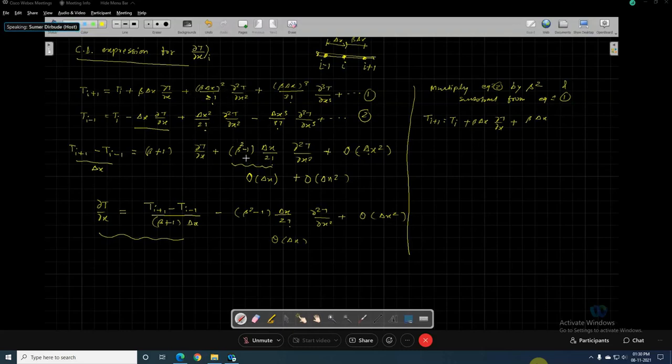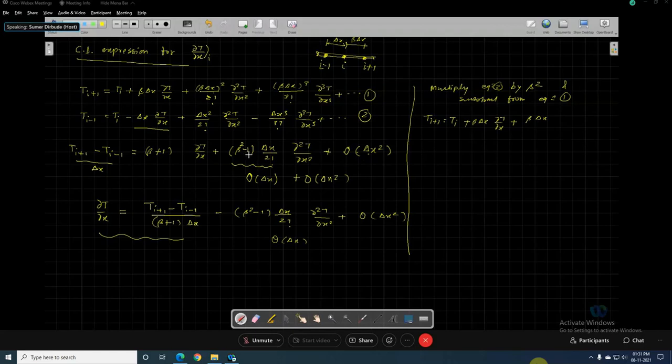Beta delta x square minus delta x square, isn't it? So that delta x square is here, and I have divided this whole term by delta x. So one delta x is gone here, and one delta x gone here. Otherwise, this should have been delta x square, delta x cube, and here delta x should be there, and this delta x should be removed.